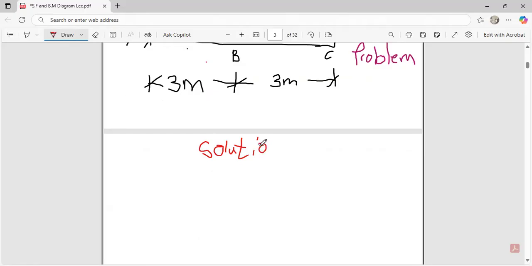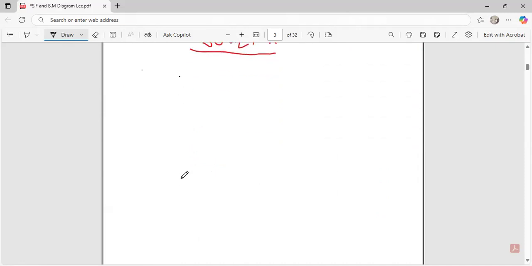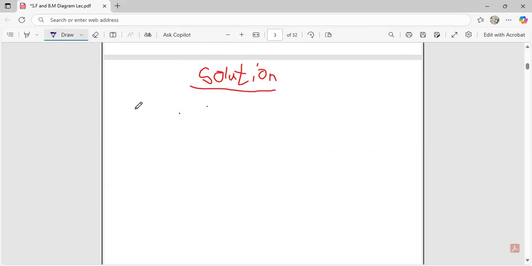In the solution, what did we say we are going to be doing first of all? We have to draw our free body diagram. So in a free body diagram, this is how it's going to look. First of all, we're going to draw a straight line like this.